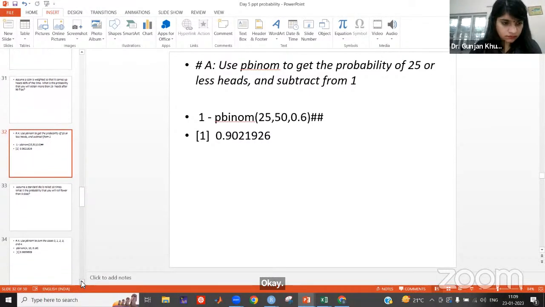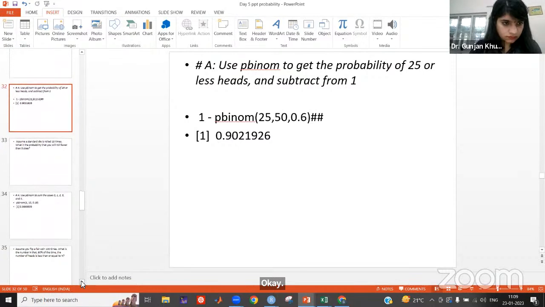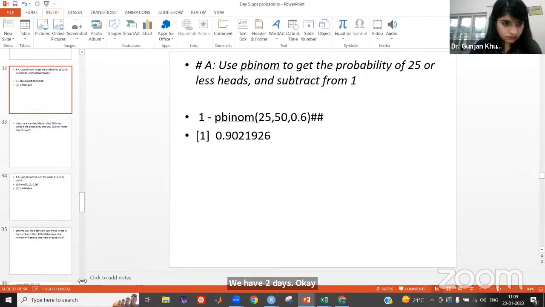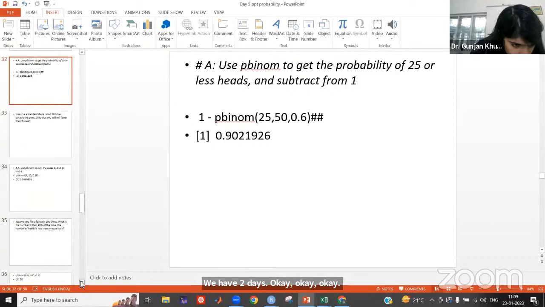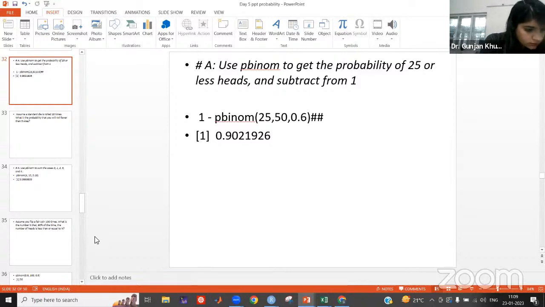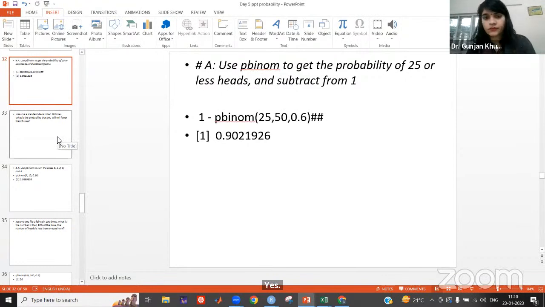We have to take 25, 50 and... Why is it showing error? Just see the syntax.